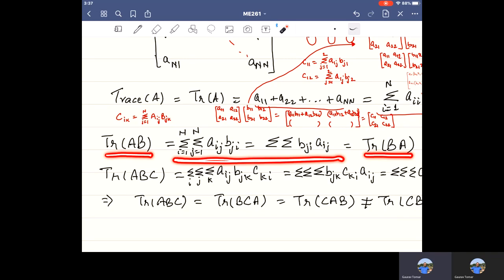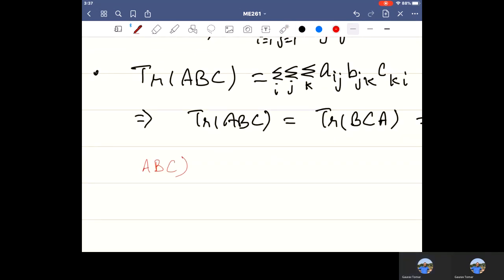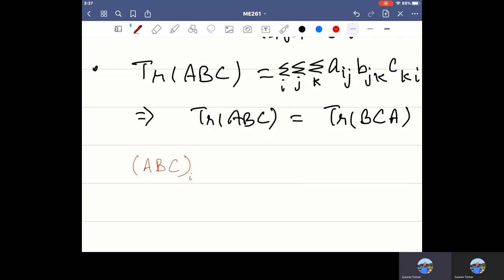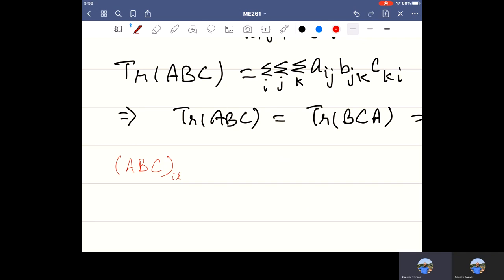That's the first property. In the same way, if you have three matrices, A, B, C, you will write any element of ABC. Let's say in this case we are writing it as the il element. It will be written as Aij Bjk Ckl. This is a summation over two quantities now, j running from 1 to n and k running from 1 to n.